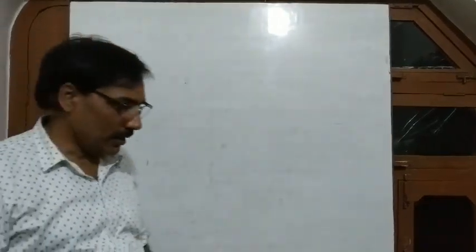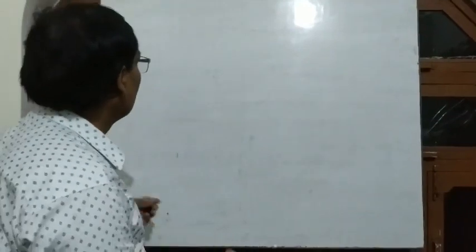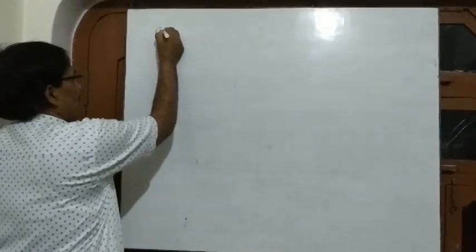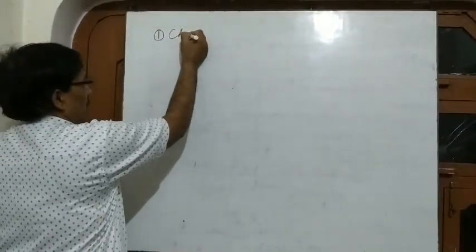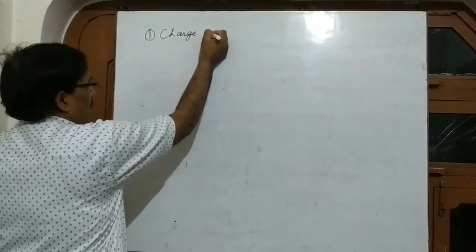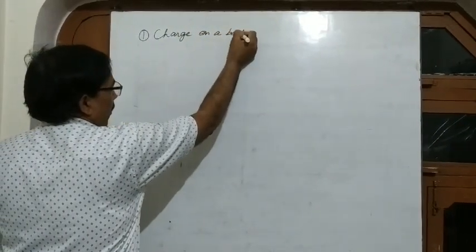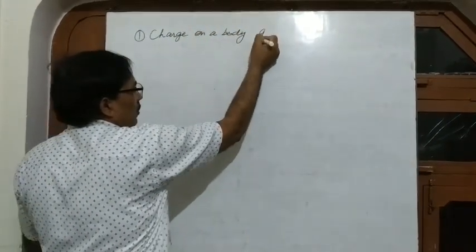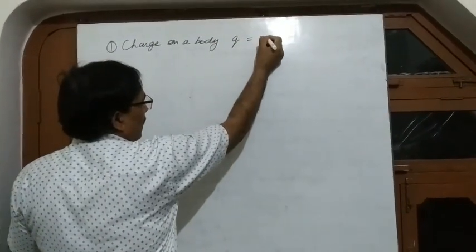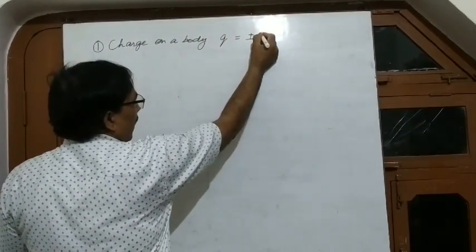So we have studied two formulas. The first formula is the charge on a body, Q is equal to plus minus NE.